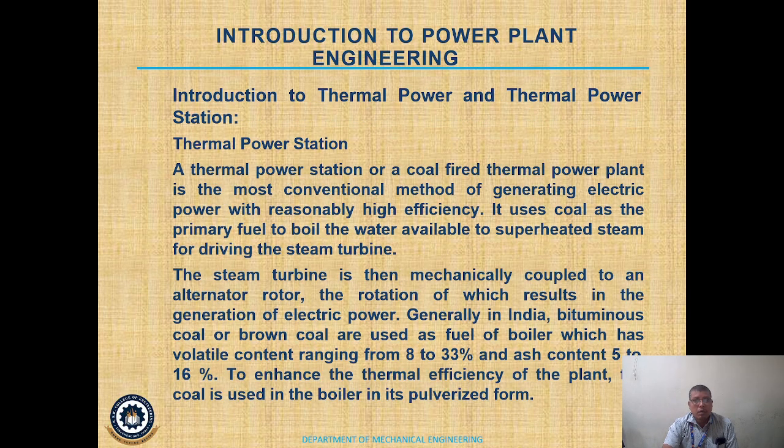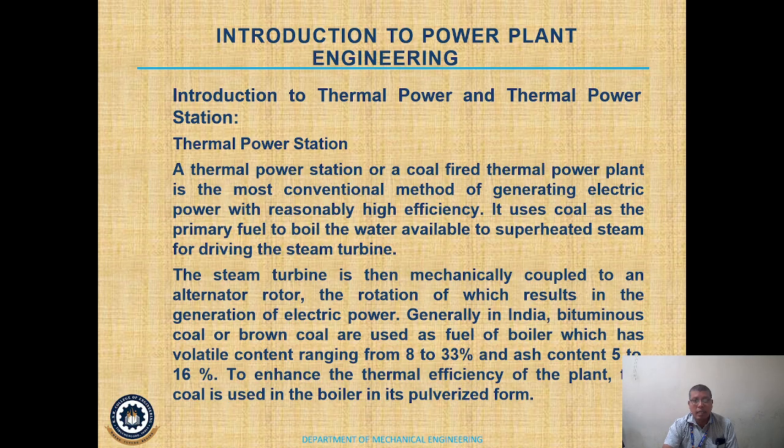Introduction to thermal power and thermal power station. A thermal power station, or a coal-fired thermal power plant, is the most convenient method of generating electrical power with reasonably high efficiency. It uses coal as the primary fuel to boil the water to supercritical steam for driving the steam turbine.